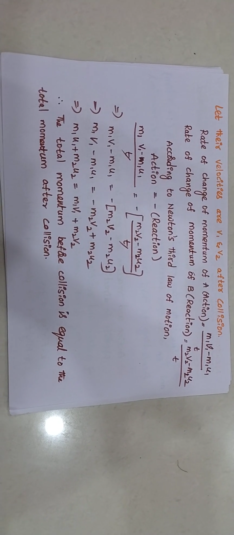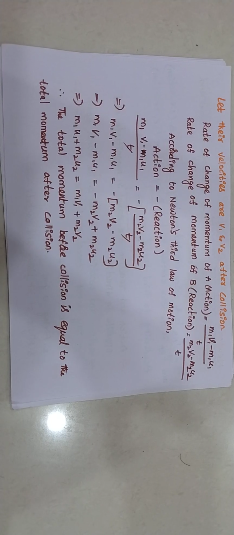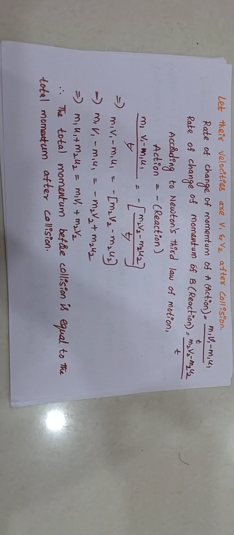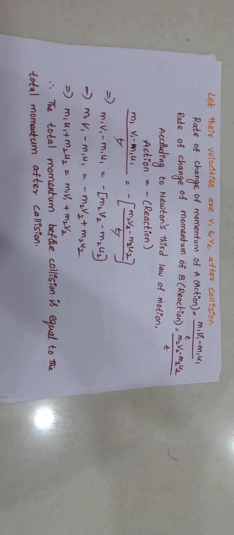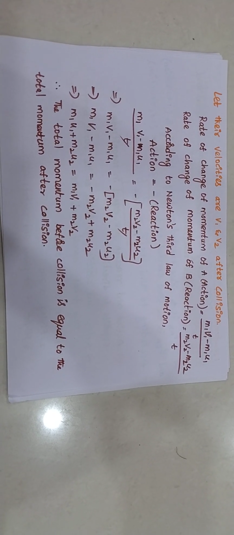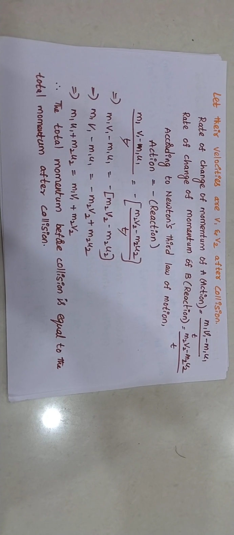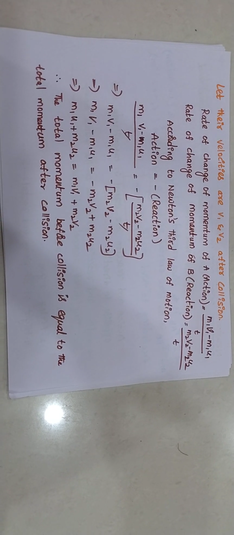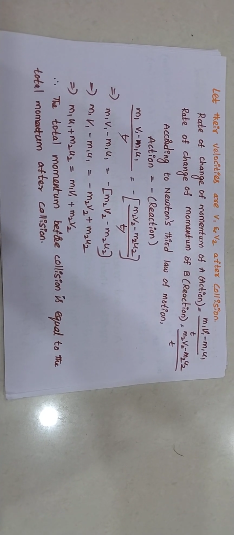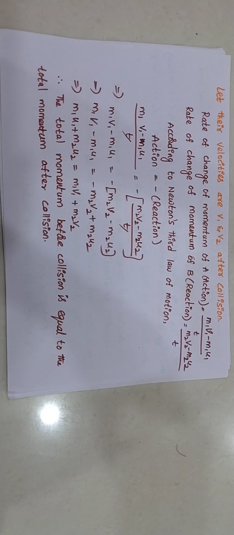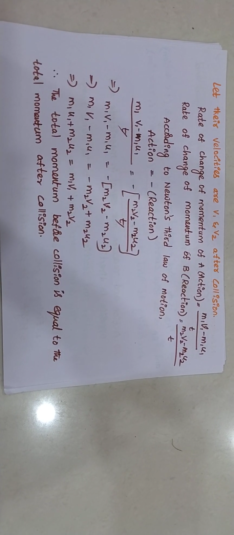Here, the rate of change of momentum of A, which is the action, is (m1 v1 minus m1 u1) by t. Next, the rate of change of momentum of B, which is the reaction, is (m2 v2 minus m2 u2) by t.